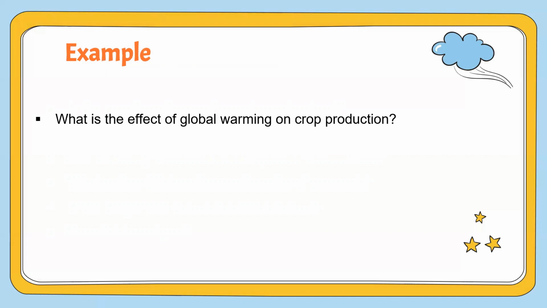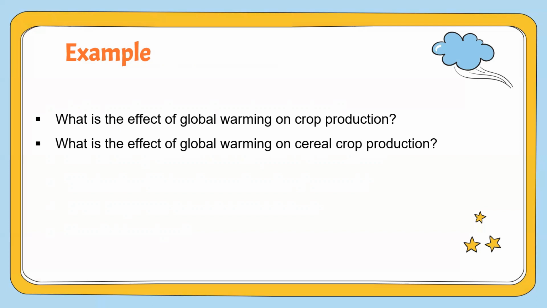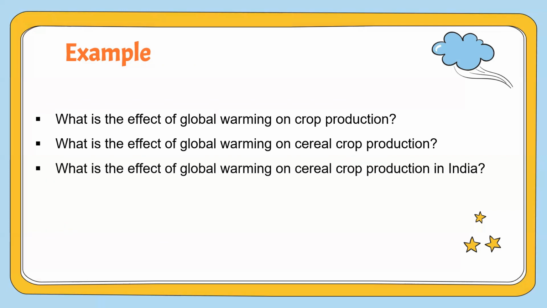If I rephrase it: what is the effect of global warming on cereal crop production? But still, I'm not talking about any particular region, so I need to modify it further: what is the effect of global warming on cereal crop production in India?